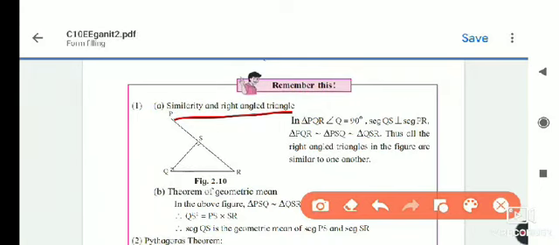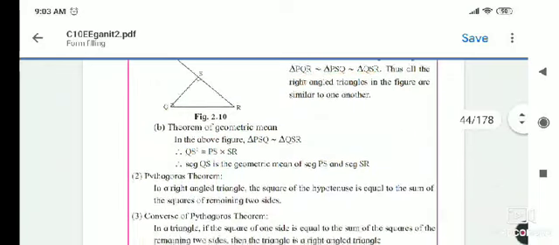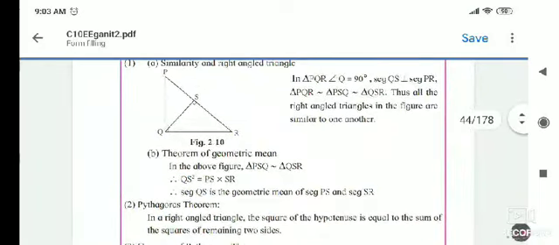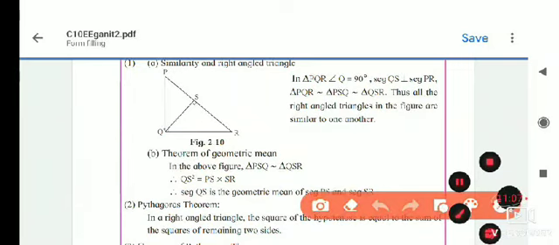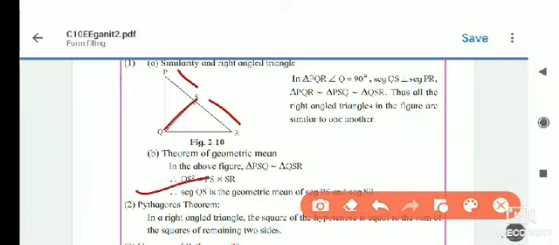These two triangles are similar to the original triangle, so PSQ and QSR are similar to PQR. The next theorem we saw is the geometric mean theorem: the altitude square is equal to PS into SR.